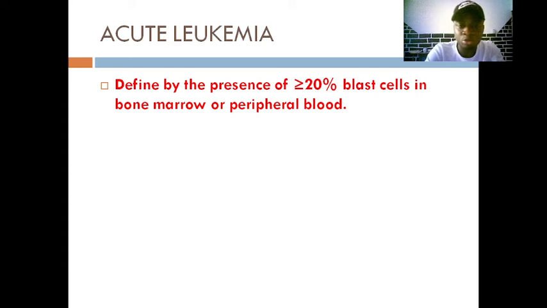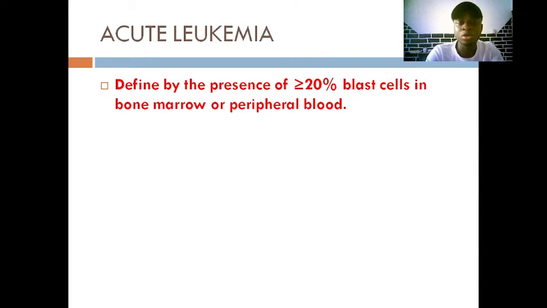Once again, I want to repeat that it is very important as a medical laboratory scientist to be able to identify the type of cells in a disease state. So I'll show you some pictures that present with the blast cells in peripheral blood.